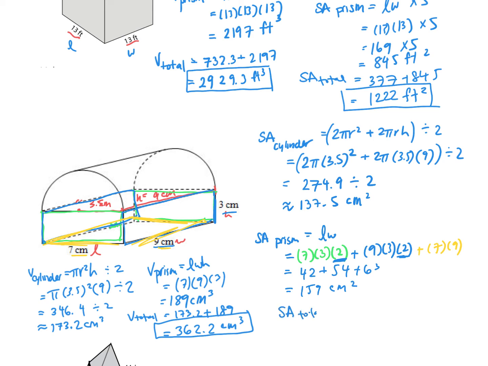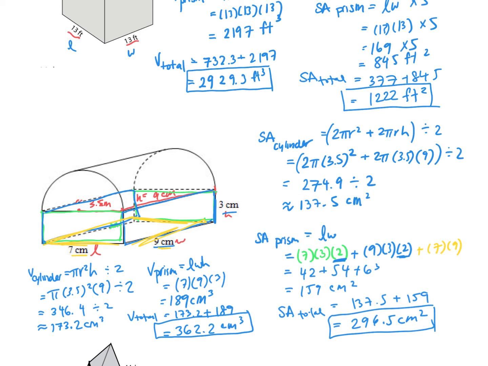And now we can add up the half cylinder with the 5 rectangles to get a total of 296.5 centimeters squared.